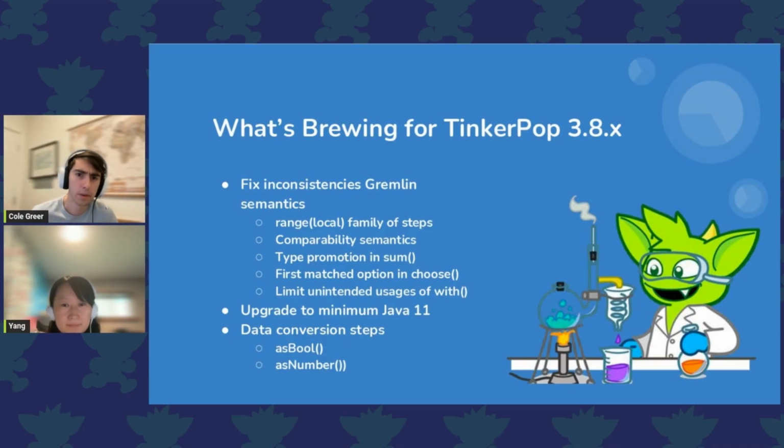We've been looking at the comparability semantics as well. Gremlin previously adopted a ternary Boolean semantics to deal with incomparable types, and also things like comparing to NaN, where it results in an error.